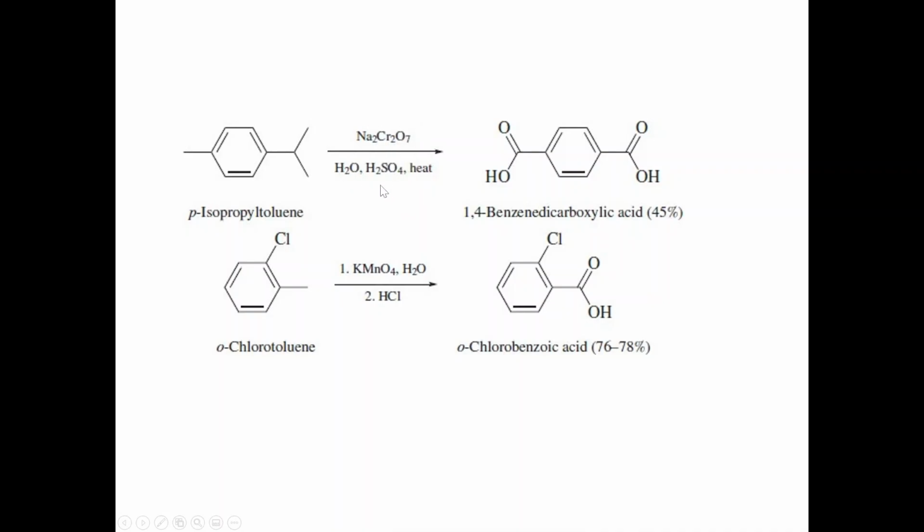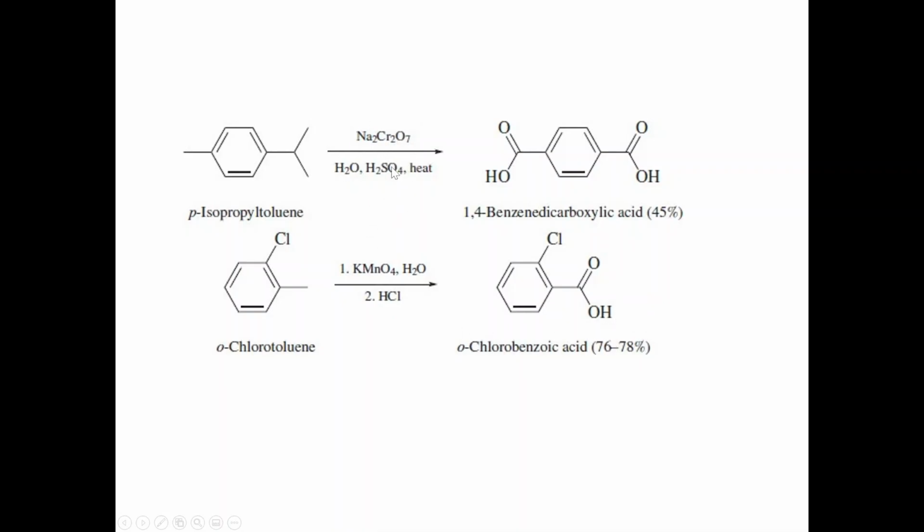this is an acidic environment. Alternately, you can accomplish the same chemistry using potassium permanganate, aqueous, and this is generally a fairly basic reagent. And so instead of producing the carboxylic acid, the potassium permanganate will produce a carboxylate, meaning that the hydrogen isn't present. So that's why there is a second step when we add in hydrochloric acid, just to kind of cap off that oxygen with a hydrogen.